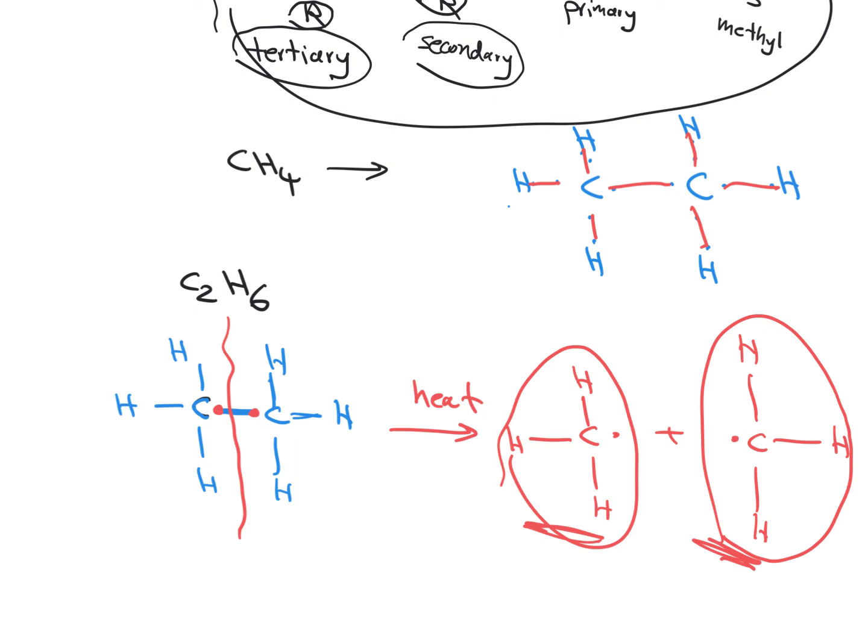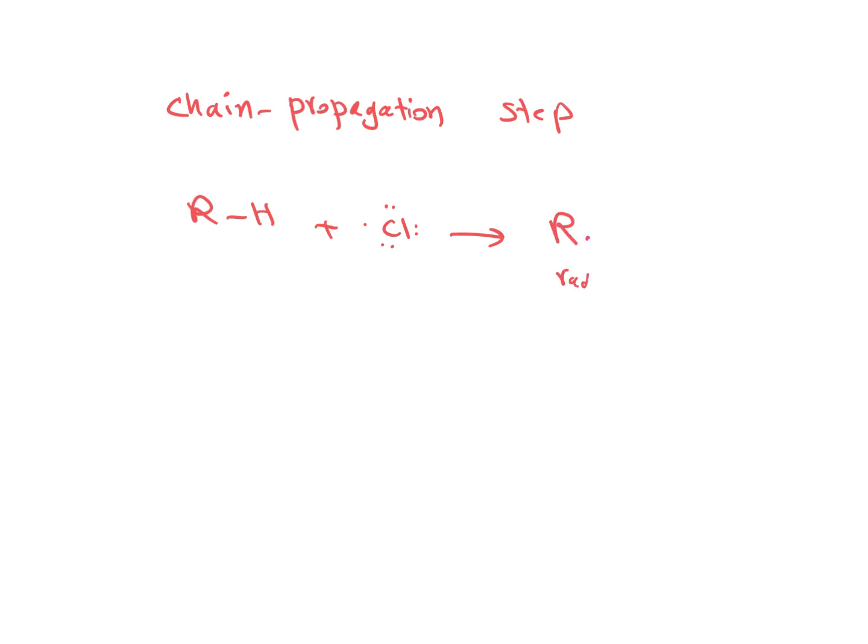For instance, in chlorination or halogenation in general, in the chain propagation step, we had our alkane plus chlorine atom, that would give us alkyl radical plus HCl.